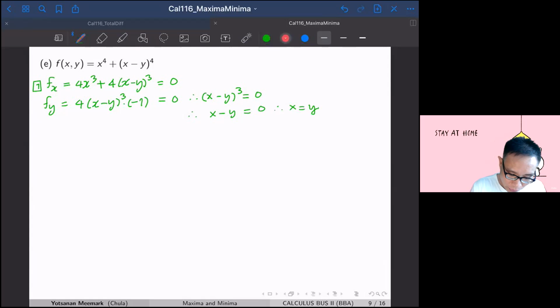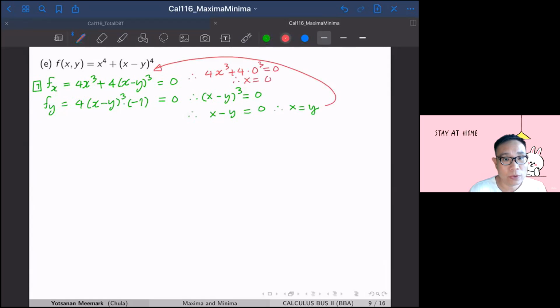And after you know x must be equal to y, you're going to put it into the first equation. So this will lead you to 4x cubed plus 4 times 0 cubed equal to 0, and you have x equal to 0.